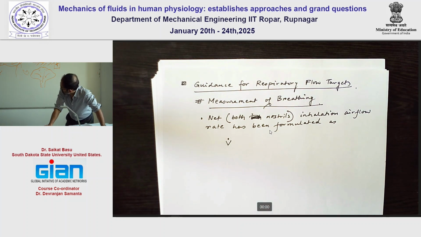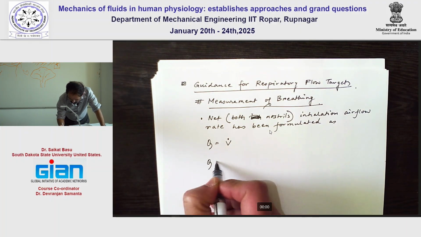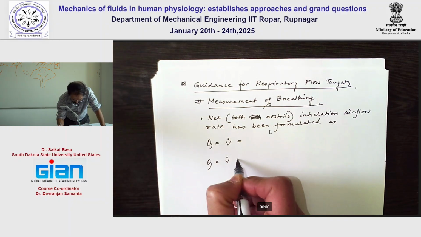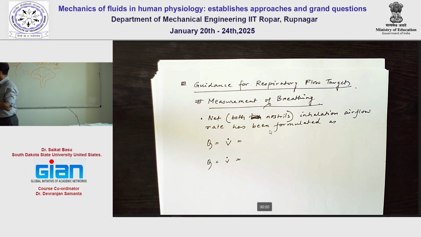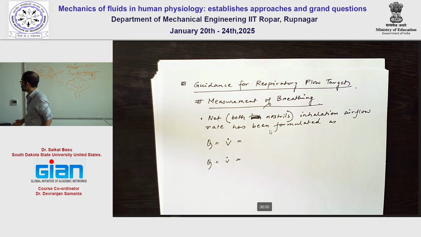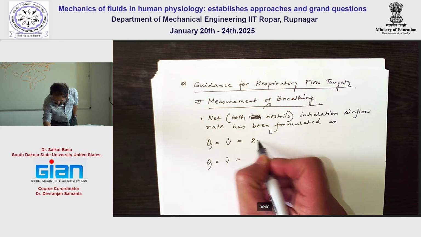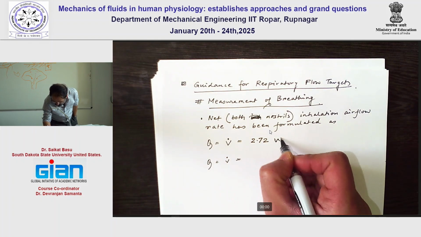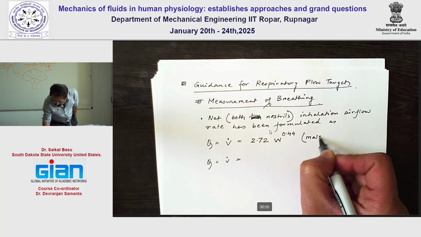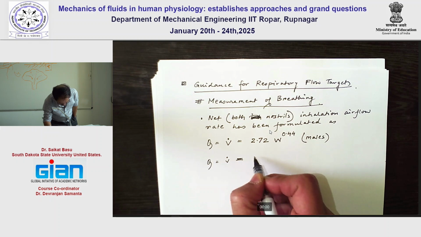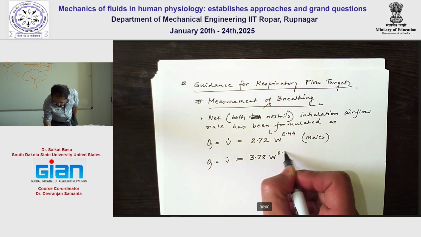Why do I have it as V dot? Think of it as Q. I have it as V dot because back when I wrote it, I was thinking of V as the volume equivalent of volume flux. Q is 2.72 W to the power of 0.44 for male subjects, and for females this is 3.78 W to the power of 0.32.